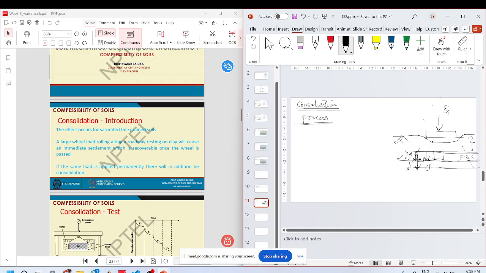How much settlement there is going to be can help me determine the factor of safety for construction of this foundation.